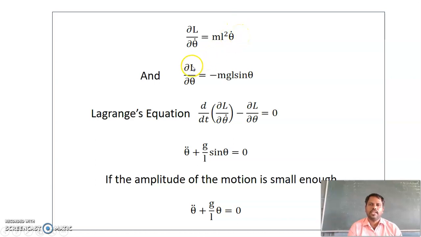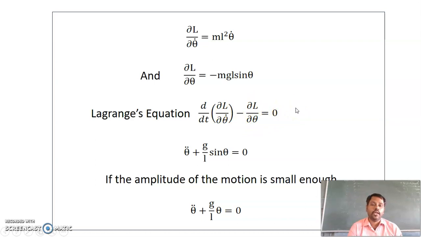Likewise, differentiating L with respect to theta will give you minus mgL sine theta, because the differentiation of cos is minus sine. Now substituting these two terms in the Lagrangian equation, that is d by dt of dou L by dou theta dot minus dou L by dou theta is equal to 0.